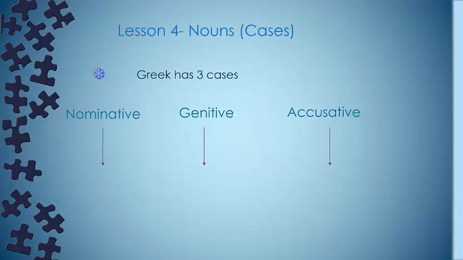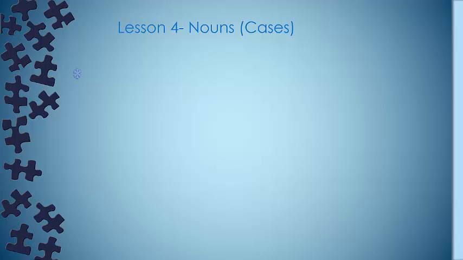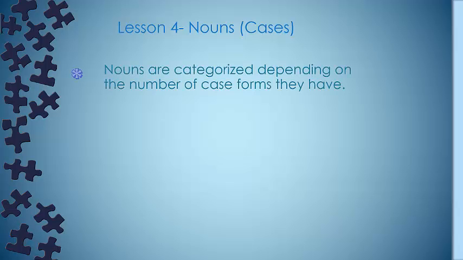We use nominative when our noun is the subject of our sentence. We use genitive if we want to express possession, and we use accusative in order to indicate that our noun is the object of our sentence. Now, in Greek, we categorize our nouns depending on the number of case forms they have.